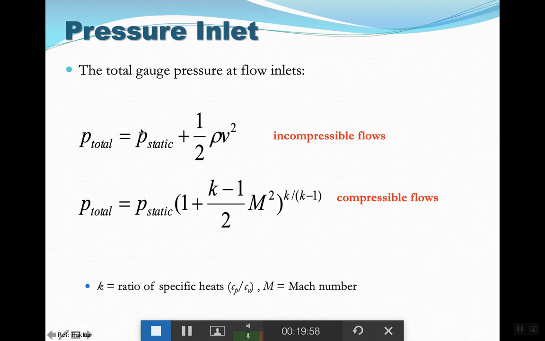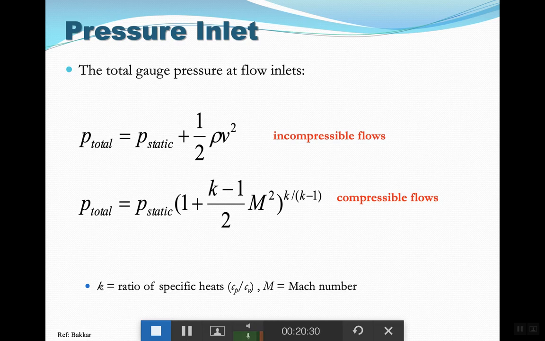The static pressure, which comes from the weight of the flow basically, and a second part which is the dynamic pressure, which is the pressure created because of the velocity in your system. So in your incompressible flow, you have a total pressure which is the summation of your static pressure and your dynamic pressure. In compressible flow, it's a bit more complex.